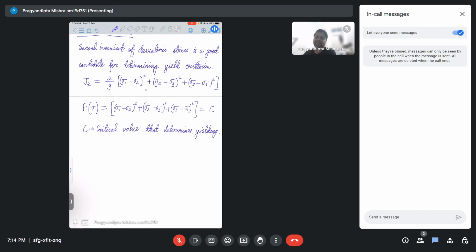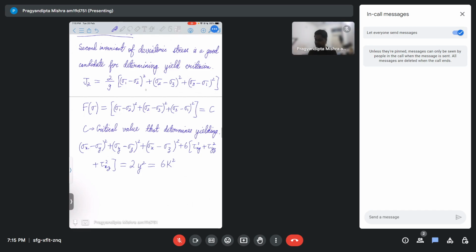So essentially for the von Mises case, we can write the final expression in this form: sigma x minus sigma y whole square plus sigma y minus sigma z whole square plus sigma x minus sigma z whole square plus 6 times tau xy square plus tau yz square plus tau xz square is equal to 2Y square, which is equal to 6 times some k square.